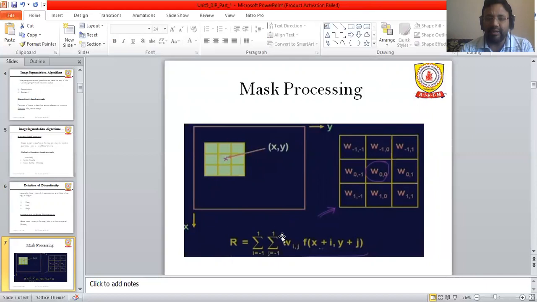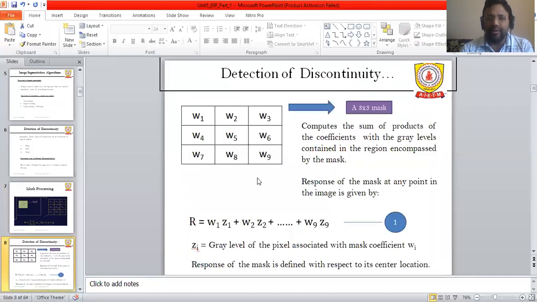Then we take the sum of all these products to get capital R. So the detection of discontinuity using this approach computes the sum of products of the coefficients with the gray levels contained in the region encompassed by the mask.